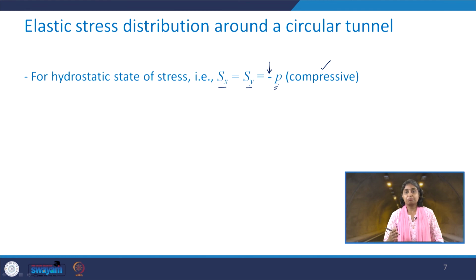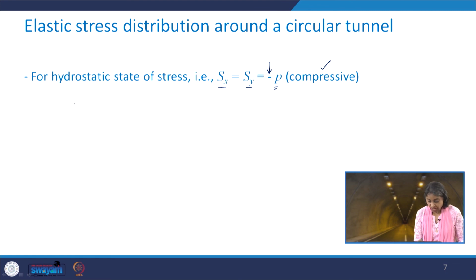So, when it is compressive, there is going to be a negative sign associated with that. So, just substitute the values of Sx and Sy, which is equal to minus P in equation number 12, and you will get the state of stress for hydrostatic state of stress.